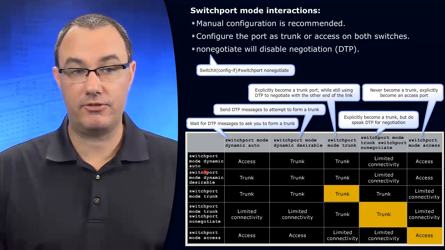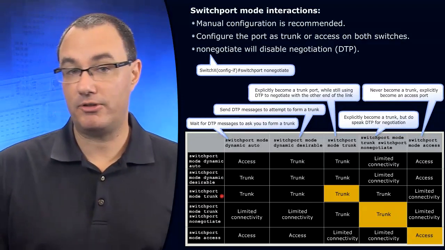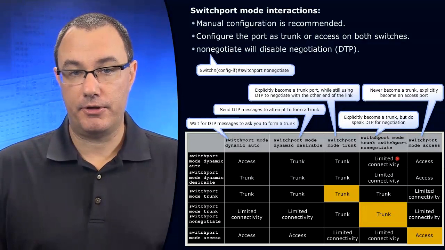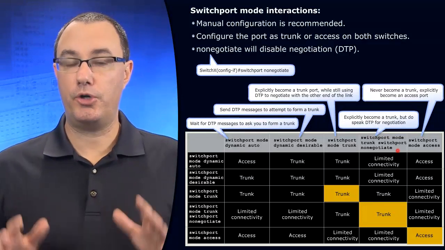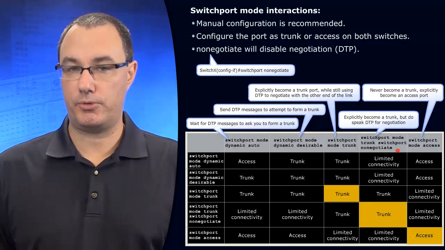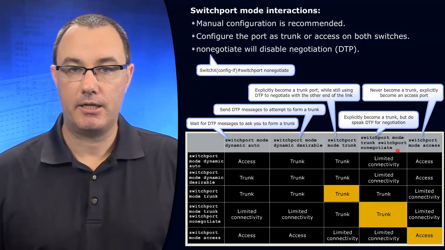So if the other side is dynamic auto, or desirable, or explicitly a trunk, we will trunk. Now, there's a setting that says no negotiate. When you say switchport nonegotiate, you turn off DTP.